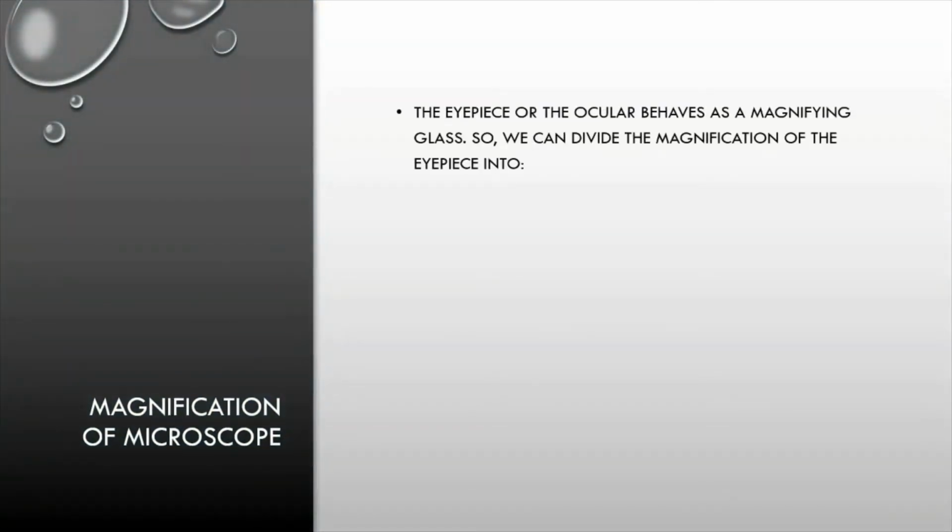The eyepiece, or the ocular, behaves as a magnifying glass. So we can divide the magnification of the eyepiece into maximum magnification for the eye with maximum accommodation. The formula to calculate the maximum magnification refers to the formula of the angular magnification of the magnifying glass for the eye with maximum accommodation.